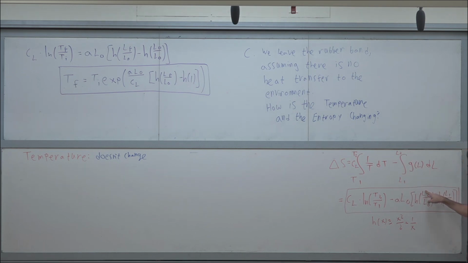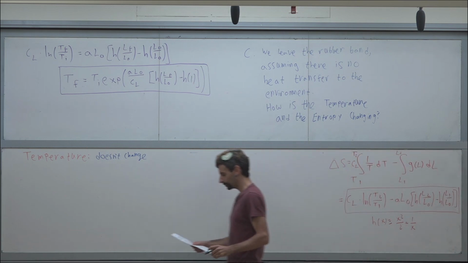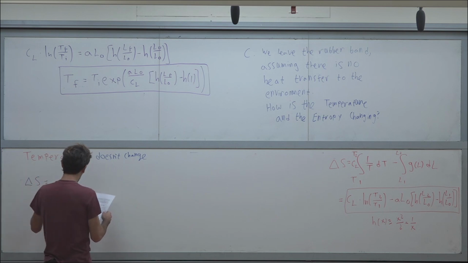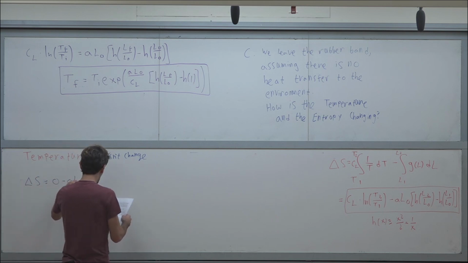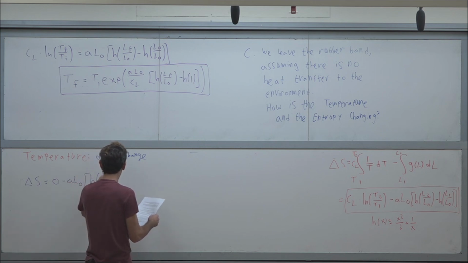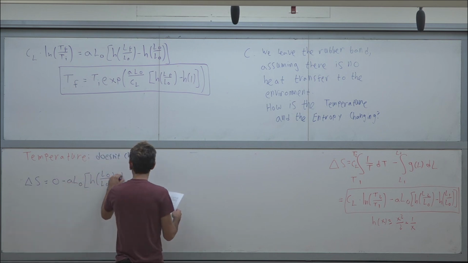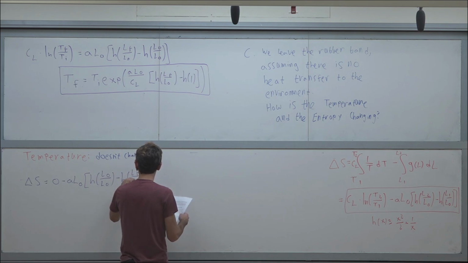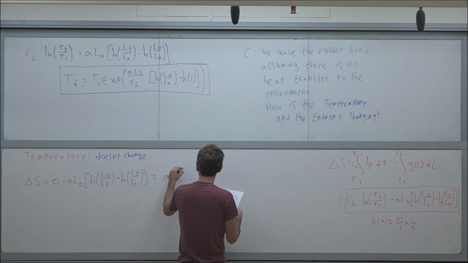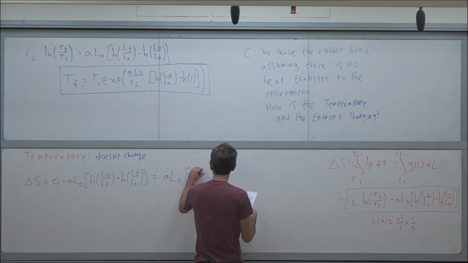So L1 now equals L2, and L2 equals L final, which is L0. So delta S is just 0 minus A L0 of H L0 over L0 minus H LF over L0, which is this.